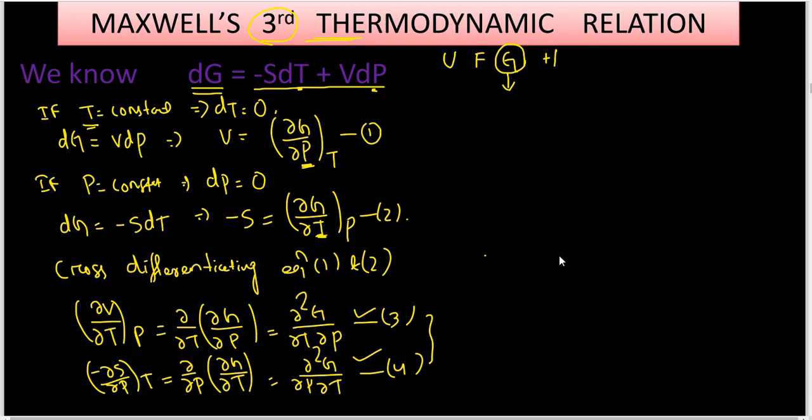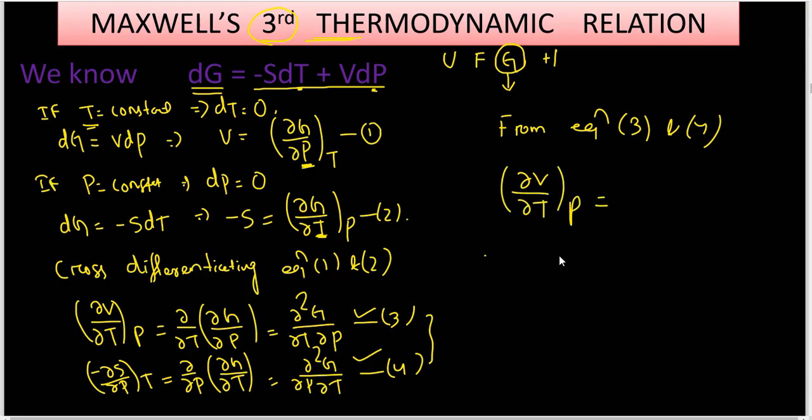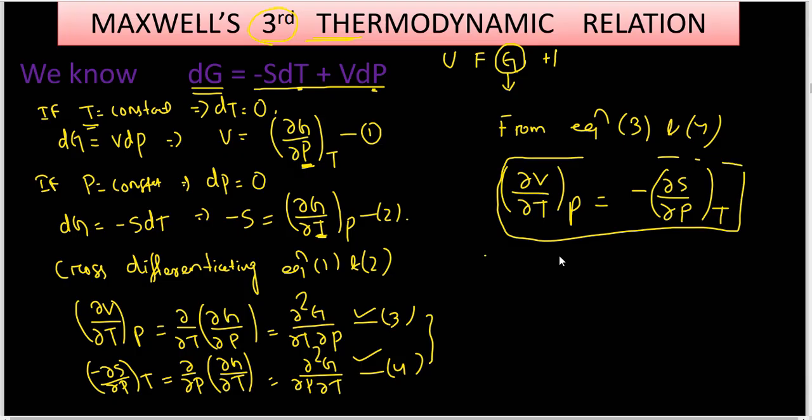So what will be the expression from equations 3 and 4? We get del V by del T at constant pressure is equal to minus del S by del P at constant temperature. This equation is the third Maxwell relation in thermodynamics. Clear? Now let's move to the next part.